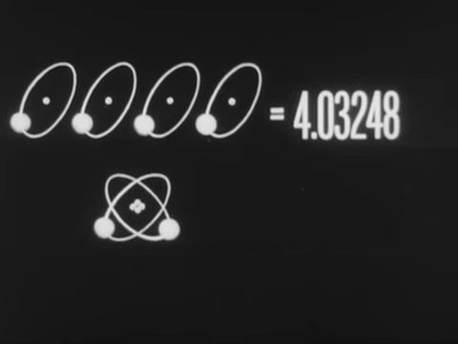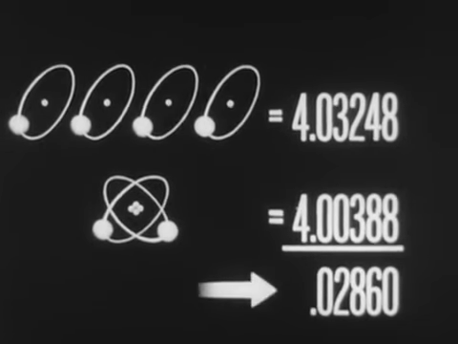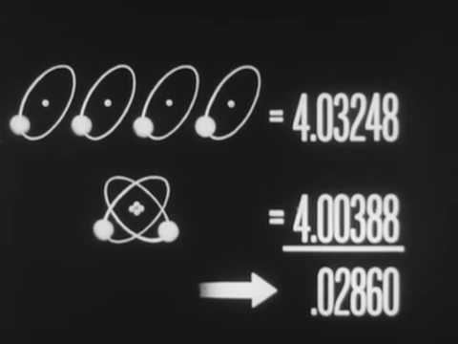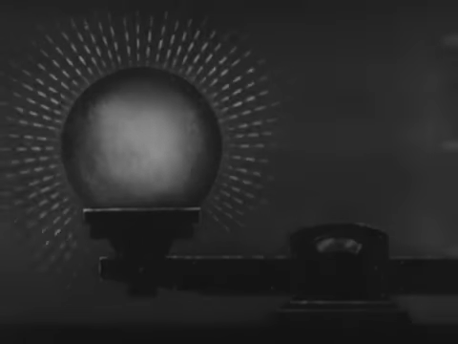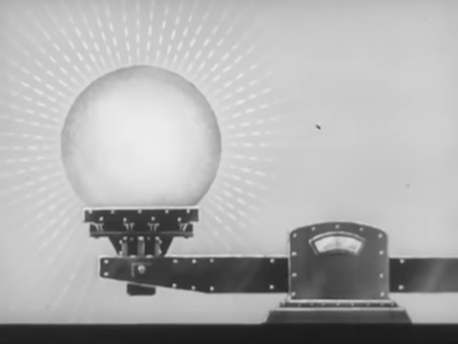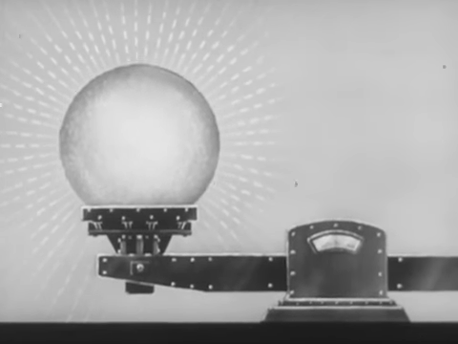Four hydrogen atoms weigh this much in mass units. The helium atom weighs this much. This weight is lost in the process of combination. What happens to it? Suppose we have on a scale an iron ball at a temperature just below the melting point.